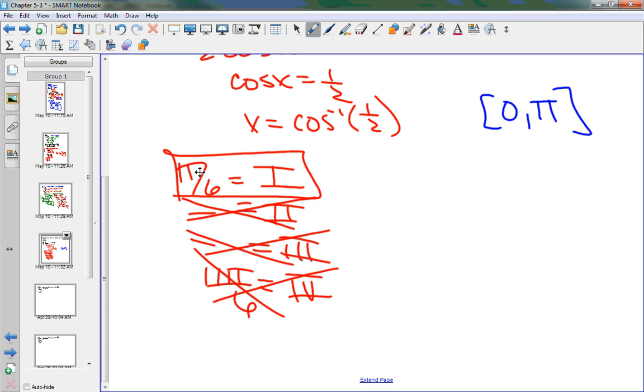Yeah. I said 3, and you made me feel dumb. I heard 6 and I heard 3 and I chose the wrong one. I apologize for that. Which means in quadrant 4, what would that be?